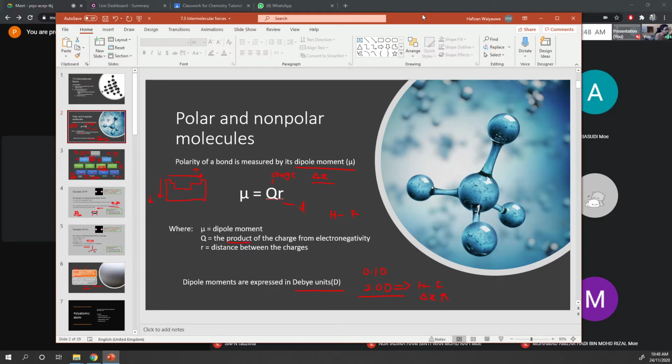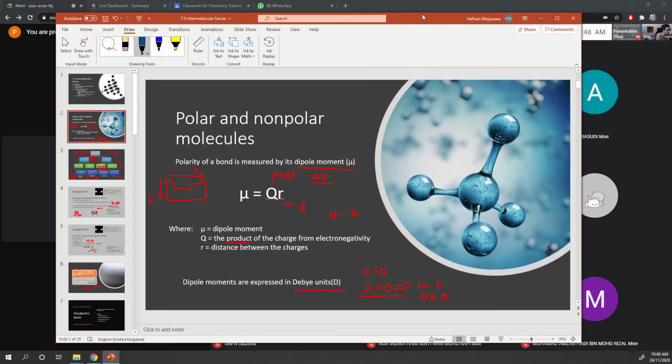It is the same thing as dipole moment. Dipole moment is Q times R. Q is the dot product of the charge, for example between hydrogen and fluorine. So it's the dot product between these two, and then multiplied by the distance between them. That is the definition of dipole moment. Dipole moment is a product of the charge times R, the distance between the charges.